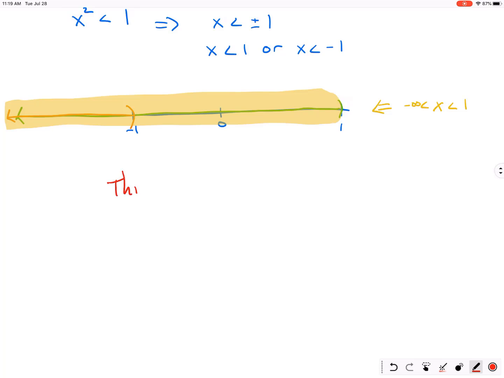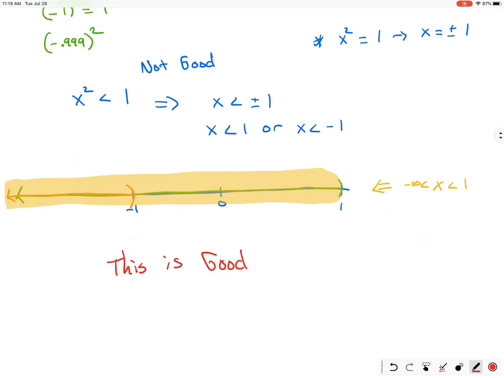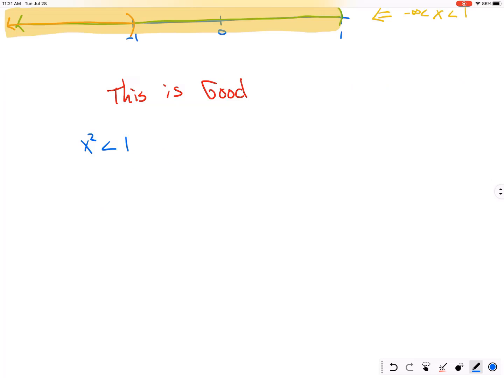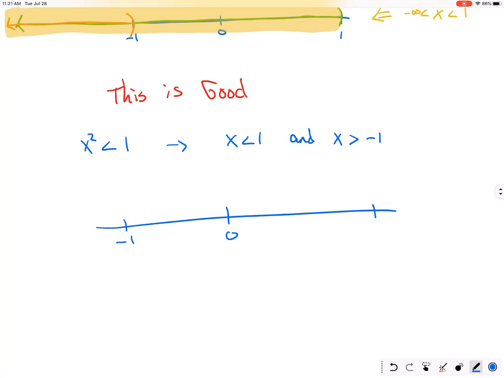Let's do it correct. So this is good. So before was not good, this part is good. So we start with this x squared less than 1. And what do I need that to look like? Well, I need that to look like x is less than 1 and x is bigger than -1. So let's draw that as a picture. So this is x is less than 1, this way.